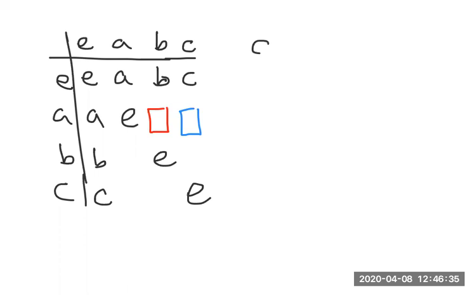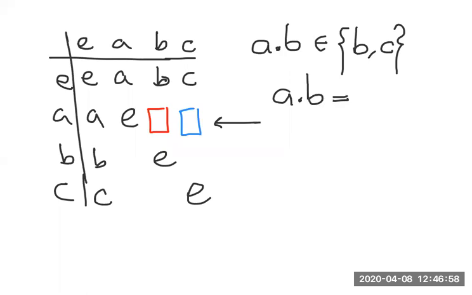So I want to see what A times B is. It's where we start to break this symmetry. Because we should have all the elements in this row, A times B should be either B or C, since we already have A and E there. But is it possible for A times B to equal B?